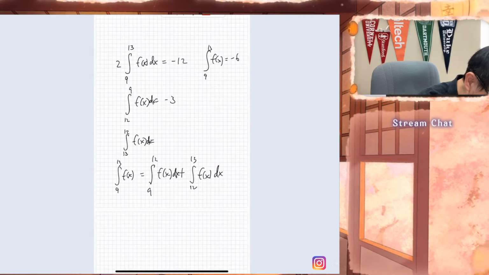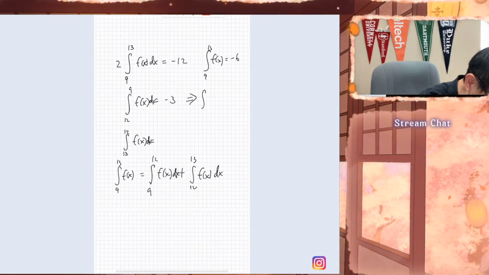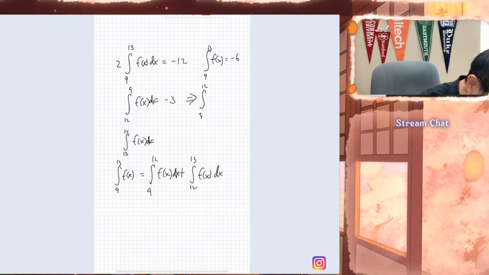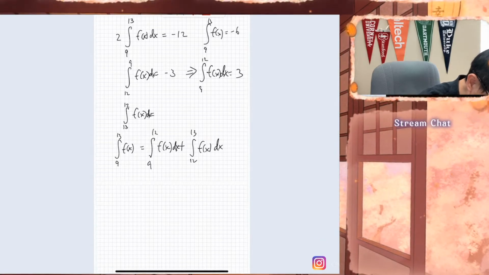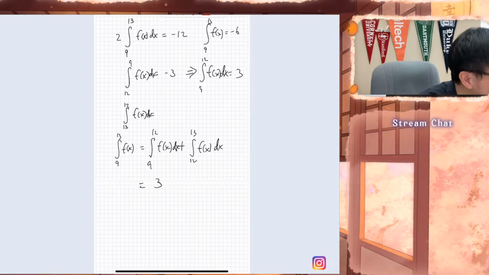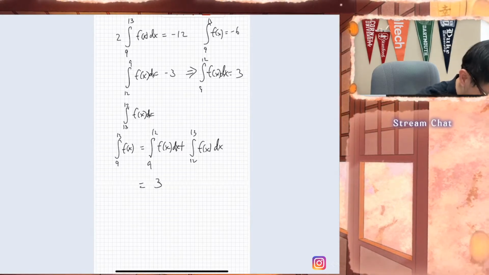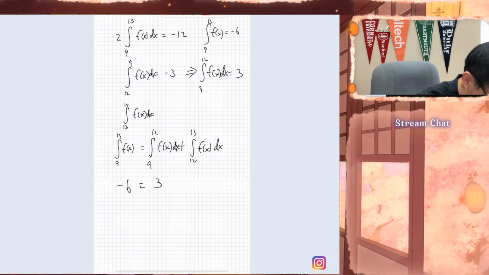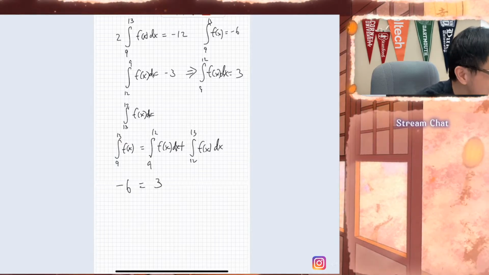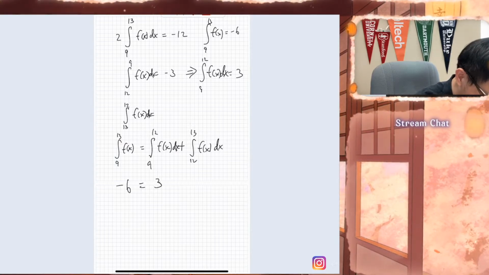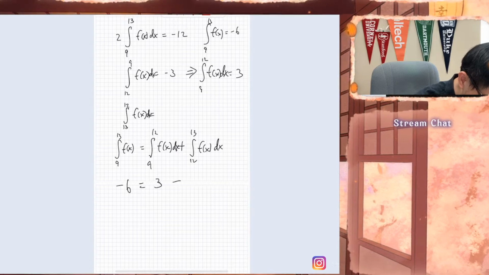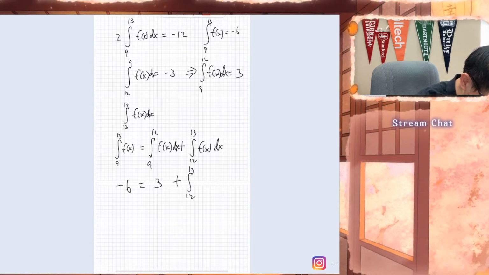Now, we have this part. Let's change that to the right orientation, between 9 to 12. That's equal to 3. So this part is equal to 3. Okay, and this one's -6. Am I going too fast? And that's equal to plus the integral between 12 to 13 of f of x.